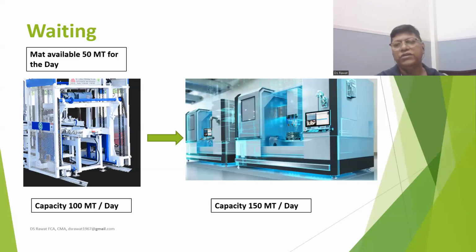Similarly, there may be situations where labor is not available, skilled manpower is not available, power is not available. So we should eliminate these types of waste, whatever is possible, because a 100% perfect process cannot be designed. So at least 95% should be there.